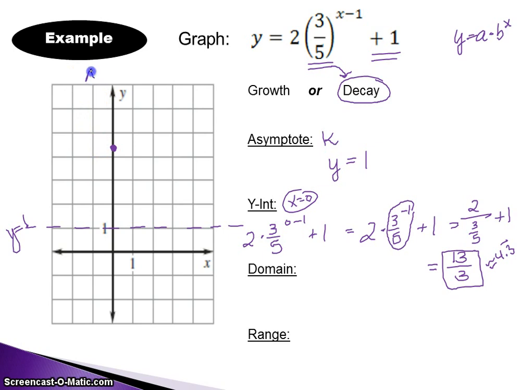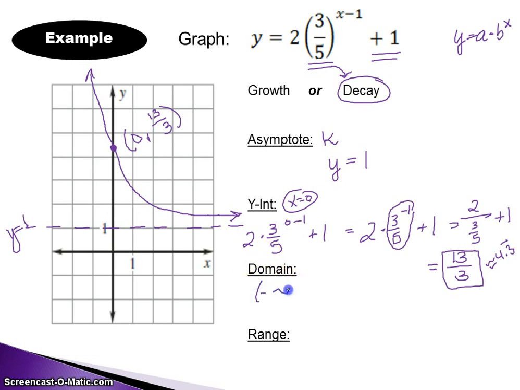It's a decay, so I know I have to cross through that y-intercept, come across, and I'm leveling off at that asymptote. So my y-intercept, 0, 13 over 3, leveling off at that y-asymptote.